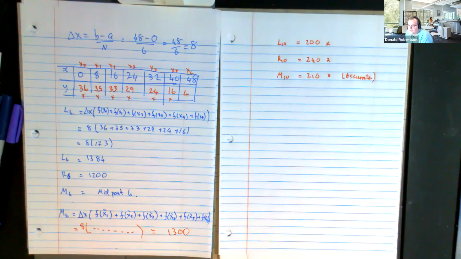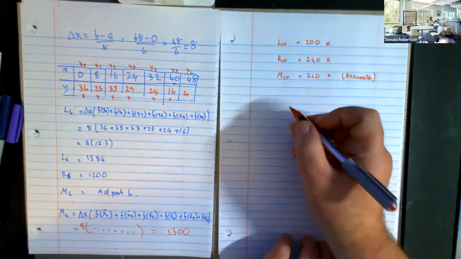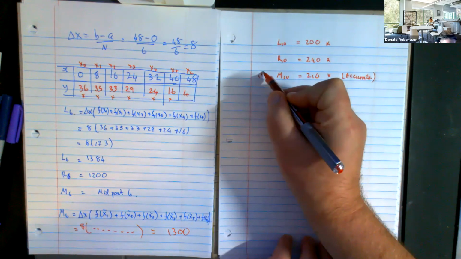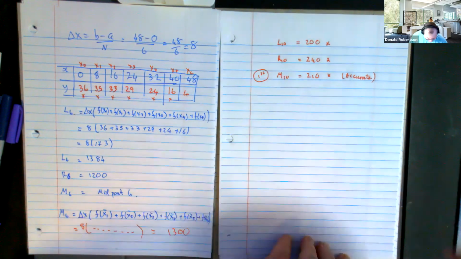M10, the midpoint, tends to be more accurate than L or R. Now, there are always exceptions, weird curves sometimes work in unusual ways. But the general truism is that the midpoint is going to get you the most accurate answer.